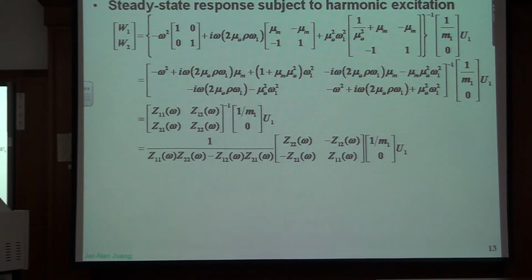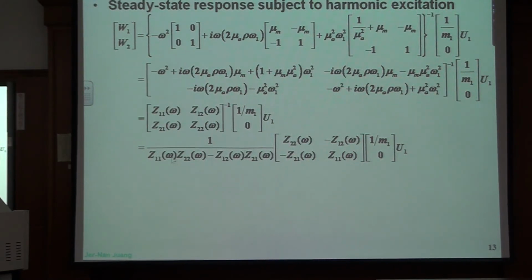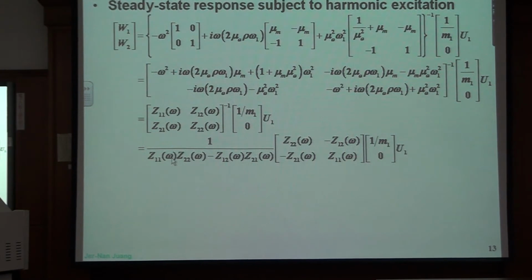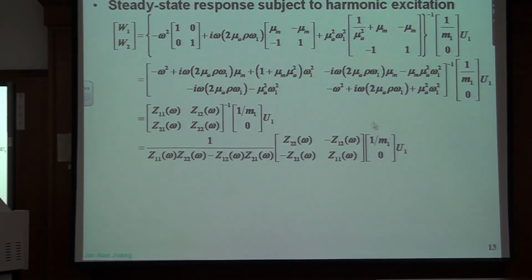I call Z12(ω) this term. I redefine these because it looks very complicated. Then I can solve it with Z11(ω) Z22(ω) minus Z12(ω) Z21(ω). Then there's a matrix here, where Z11 becomes Z22 because that's the matrix inverse.